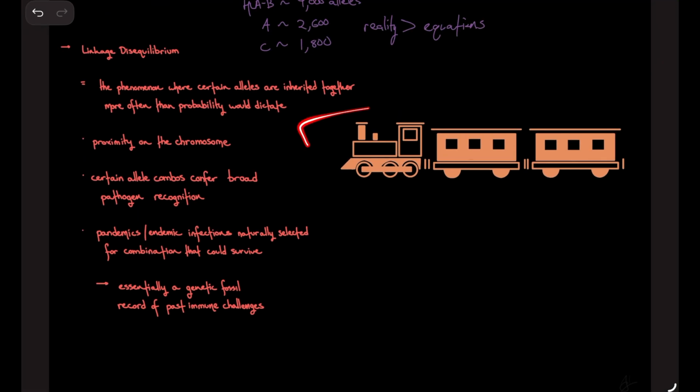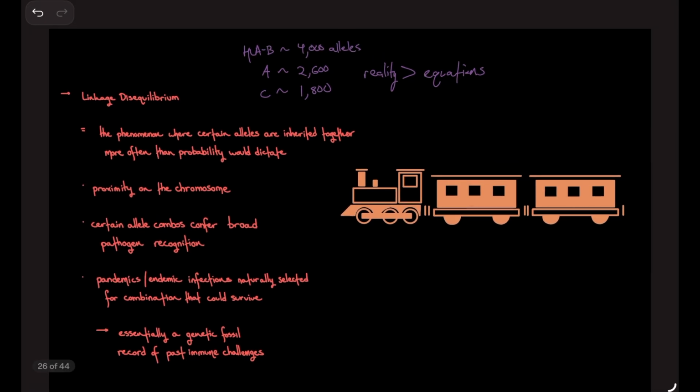So I have this little train choo-choo here just to resemble that sometimes, maybe a B100 combo is just going to always get inherited with a C18 combo just because of proximity. So you have that proximity and you have the efficiency that some combos impart, meaning that not all of these combos actually exist in nature.